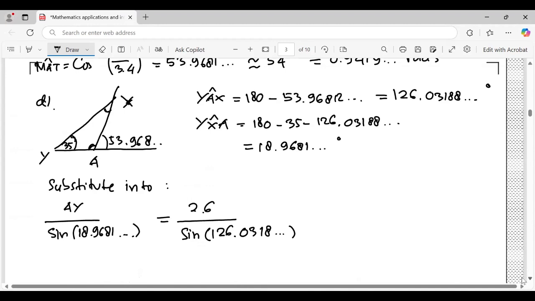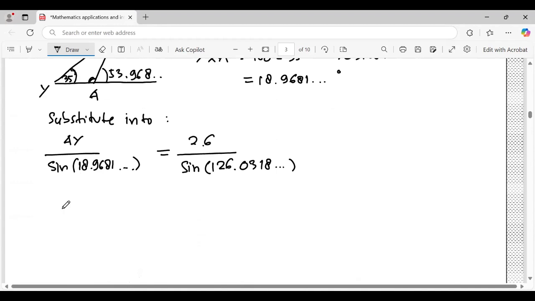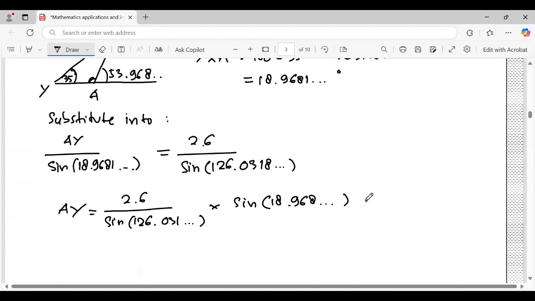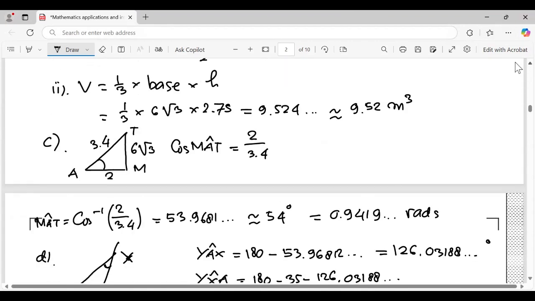And if you calculate, wait, I will arrange like this first. 2.6 over sine 126.031, so on, times sine 18.968, so on, and the result is 1.04503, so on, round off becomes 1.05 meters. So this is AY. So next question.